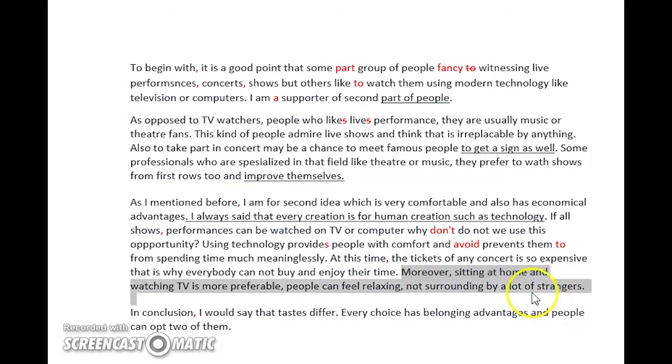These were quite different ideas which you could use in order to support your viewpoint. You have several times repeated the I, but we know that IELTS writings should be in formal style, and in formal style we should avoid using I or any personal pronouns several times.